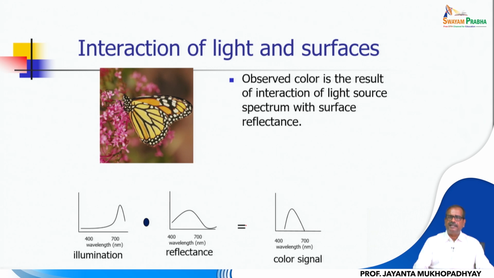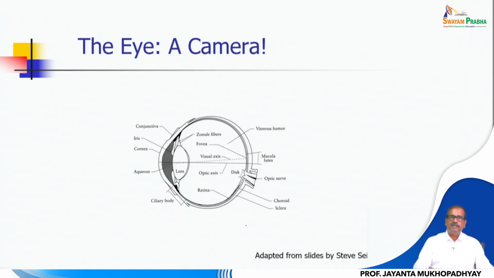So we can say that this experienced or observed color is the result of interaction of light source spectrum with surface reflectance. But there is a third factor that now comes into this: the signal is processed in our visual system, which means it is received by the cells in the retina and then converted into electrical pulses through the nervous pathway, the optical pathway.